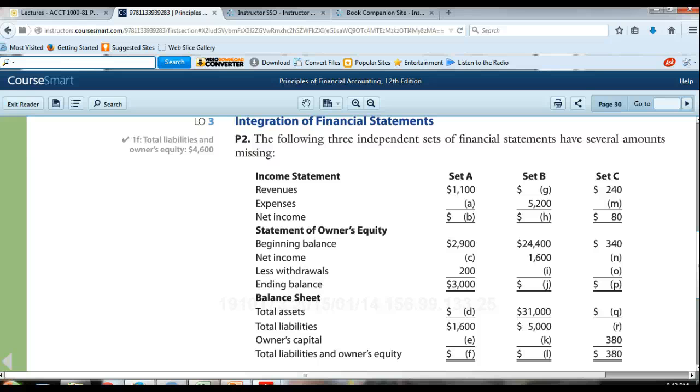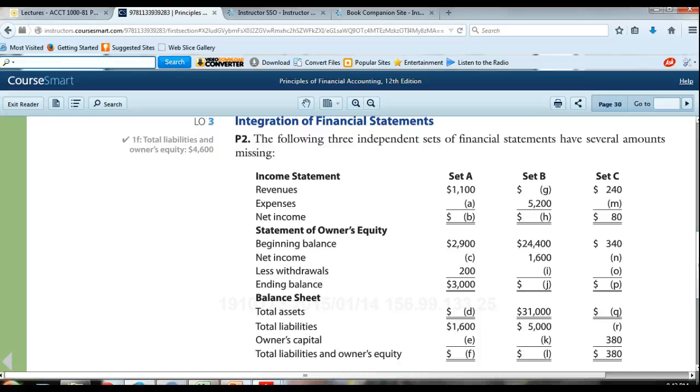E would be 3,000. F would be 4,600. Right? What's the total assets? 4,600.